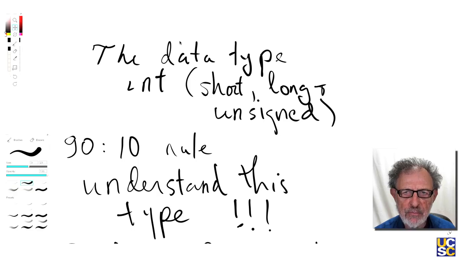So this is one of the places where the 90-10 rule shows up. Really make an effort to understand the data type int, and that will help you with all the other and more complicated data types, such as the floating types.